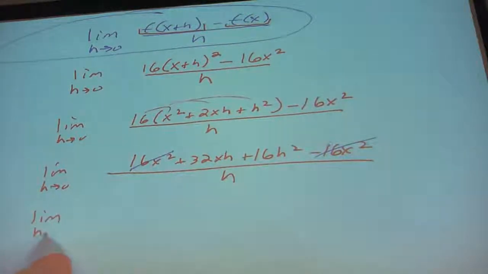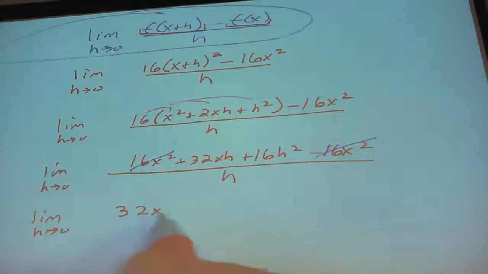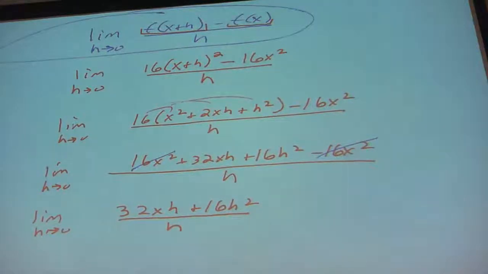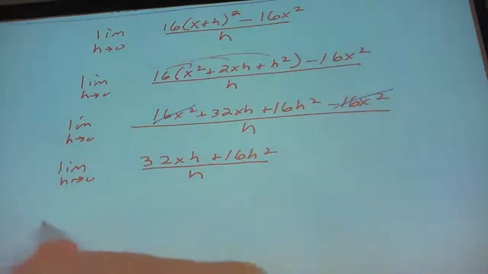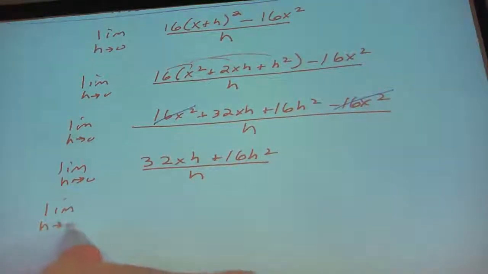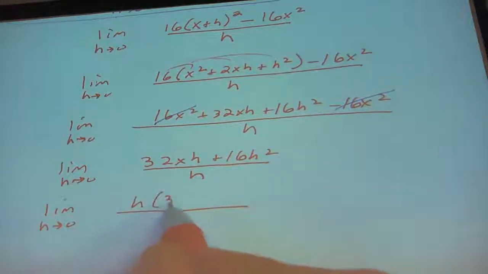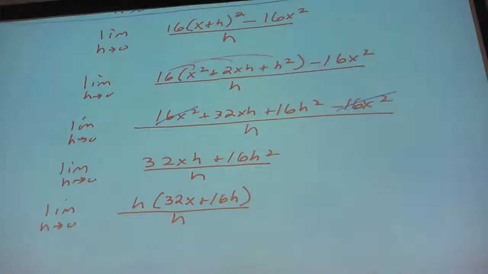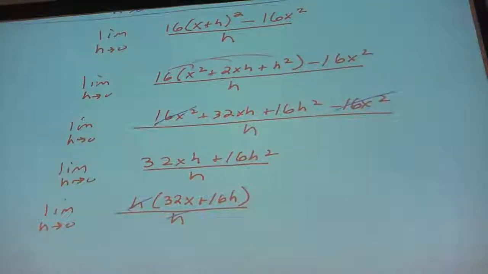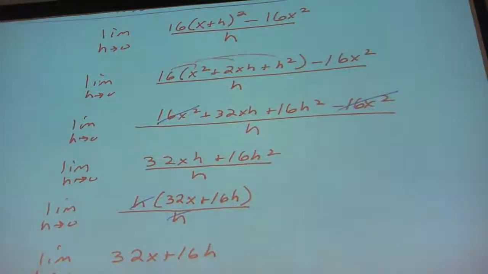Which leaves us with limit as h approaches 0, 32xh plus 16h squared over h. Then we factor out h. H over h is 1. And I'm going to stop there.